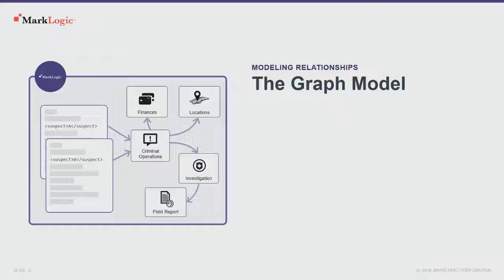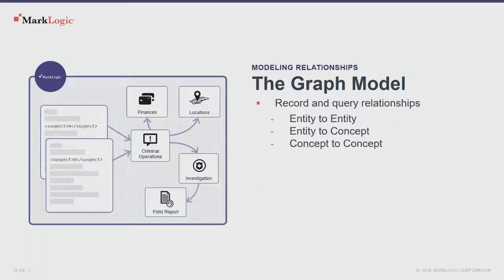The graph model is a very natural, simple way to record and query relationships. So we use it to record relationships between entities. So you can record relationships between an entity and an entity, an entity and a concept, or a concept and a concept. It's the most flexible data model.